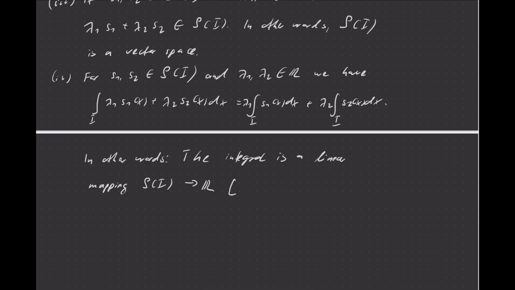And functions that take a function as an input and output a real number are often called functionals. So in other words, this is called a linear functional. So a functional is a mapping that transforms a mapping into a real number, a linear functional.